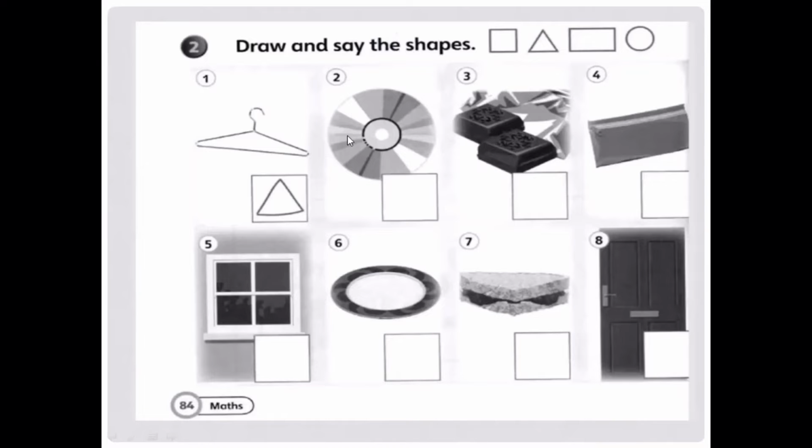What about number 2? A circle. Number 3. Square. Number 4. Rectangle.